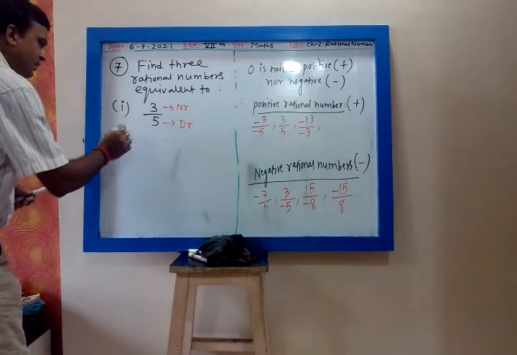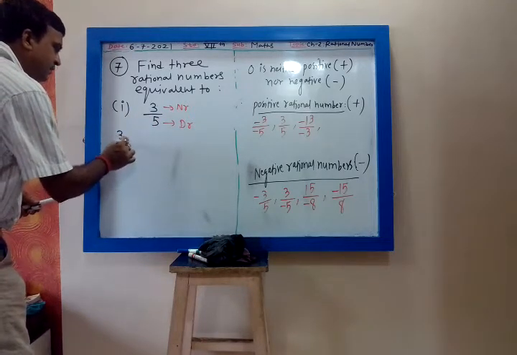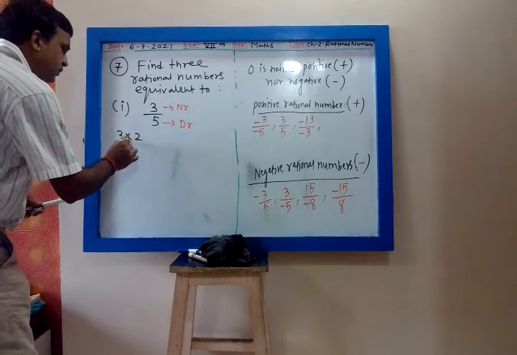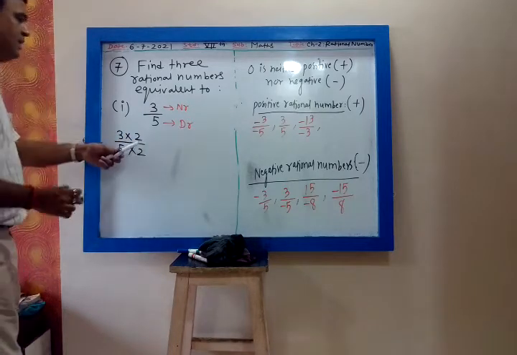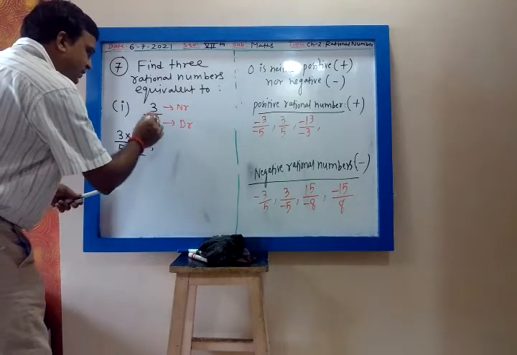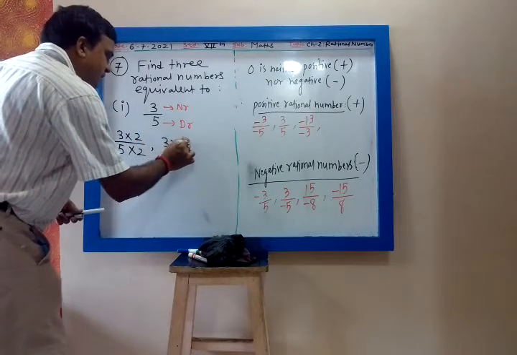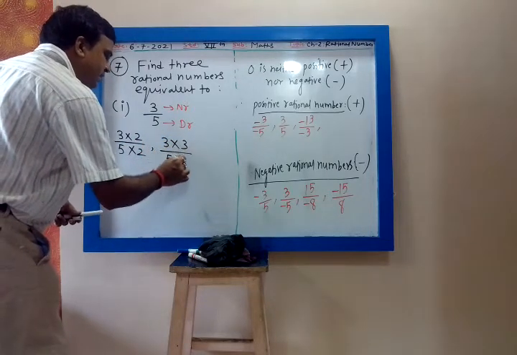First I will multiply 3 upon 5 with 2, numerator and denominator by 2. Then I will multiply with 3, so 3 into 3 upon 5 into 3.